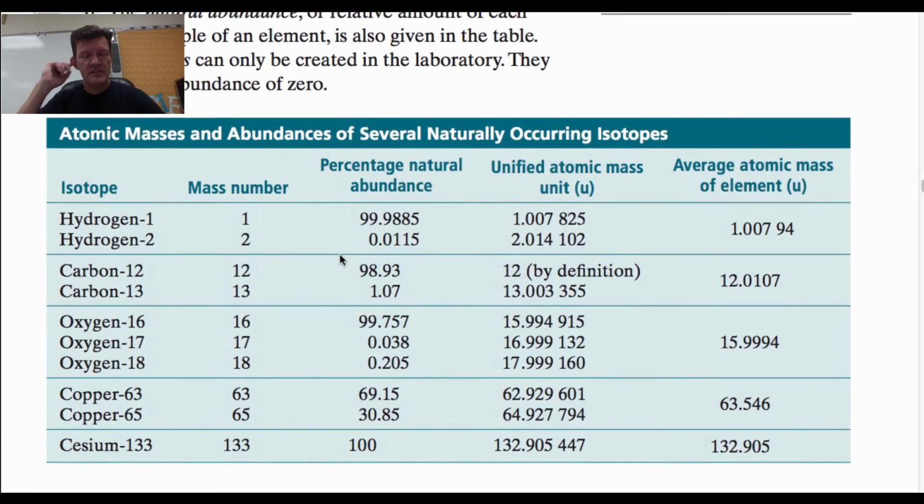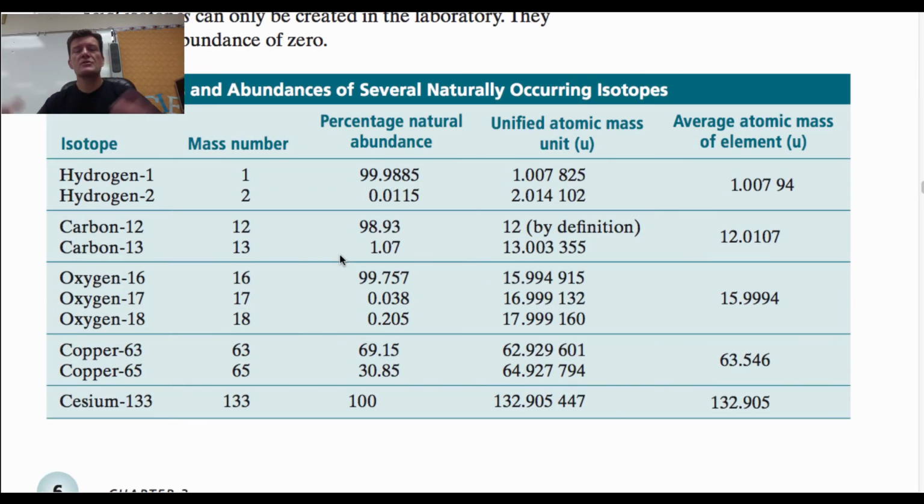Now, not all of these isotopes occur in the same percentage, the same abundance. So in our world, our atmosphere, we've got a lot of hydrogen-1 and very little of the other isotopes. If you look here, in nature, 99.9% of all the hydrogen in the world is hydrogen-1. Only a small percentage is going to be hydrogen-2.